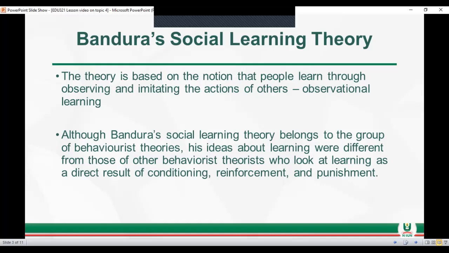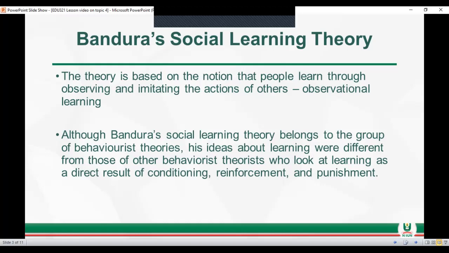Like I said in the introductory remarks, although Bandura's social learning theory belongs to the group of behaviorist theories, his ideas about learning were different from those of other behaviorists who look at learning as a direct result of conditioning, like Pavlov, and Skinner's operant conditioning, reinforcement, and punishment.